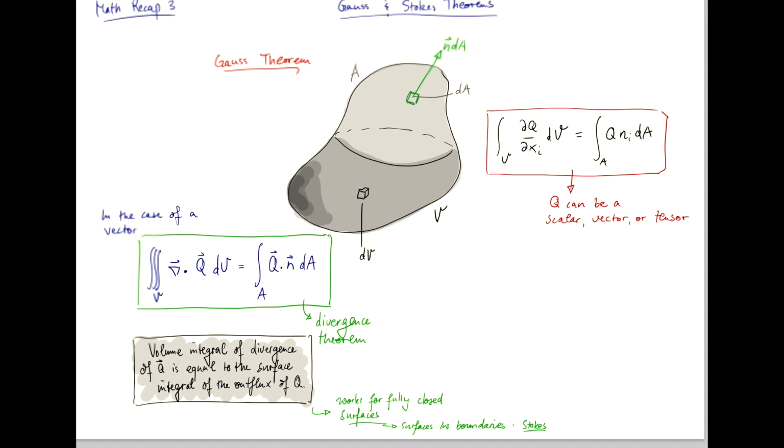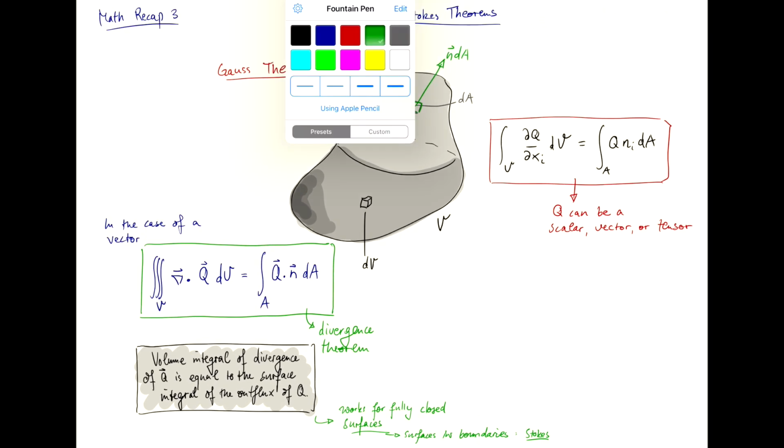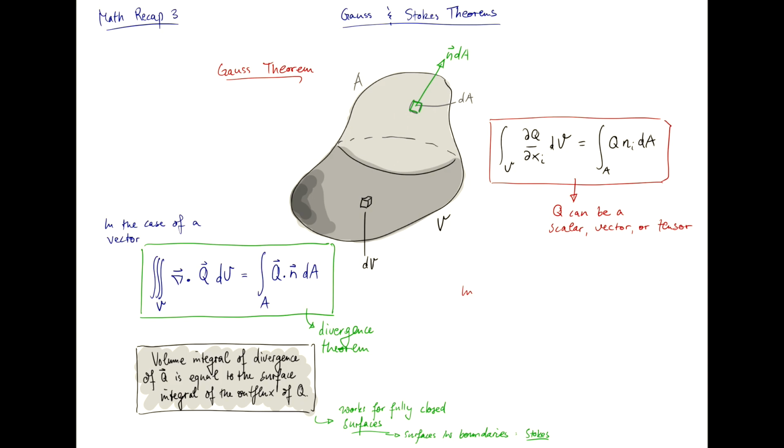But before I do that, let me just, for completeness, write the divergence theorem in index notation. And there we have dqi/dxi dV is qi ni dA. And this will come in handy at several points throughout this course.